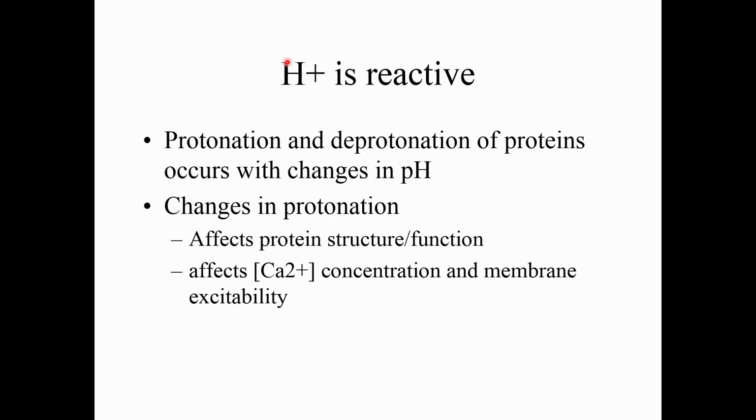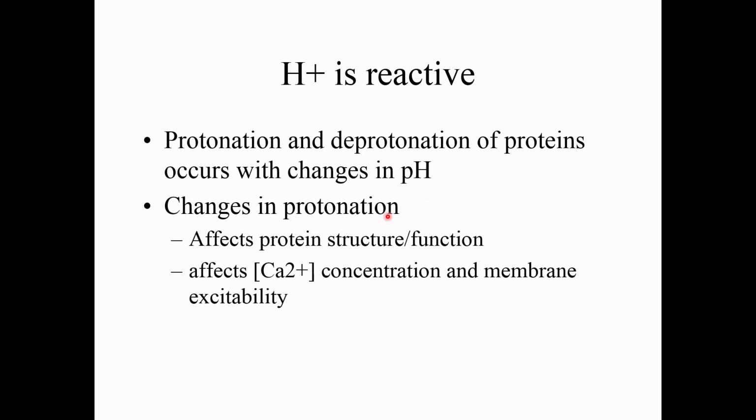When we add hydrogen ions to proteins or to some molecule, that process is called protonation. When we remove the hydrogen ion, then it's deprotonation. Proteins are molecules that are highly protonated and deprotonated as the pH changes. So if we change the pH, then we change the protonation of the protein.